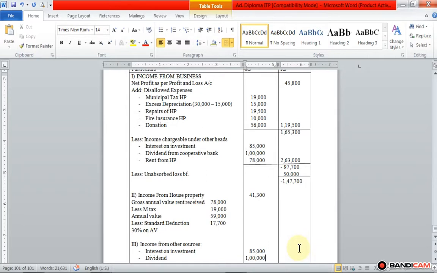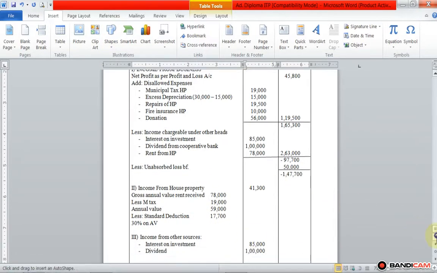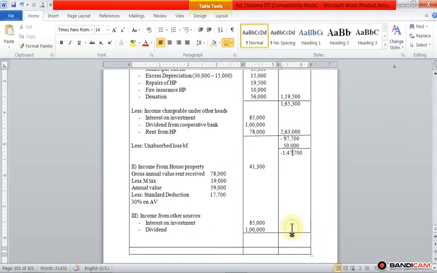Here make a total of income from house property plus income from other sources, that is 41,300 plus 85,000 plus 1 lakh. So here 2,26,300 is the total.